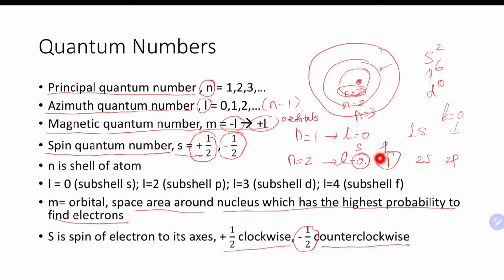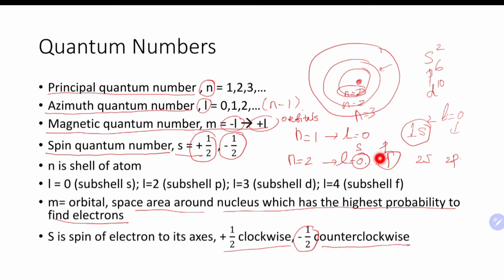So in one orbital, a maximum of 2 electrons occupy the orbital. So orbital 1s holds a maximum of 2 electrons with spin plus half, or clockwise, and minus half, or counterclockwise.